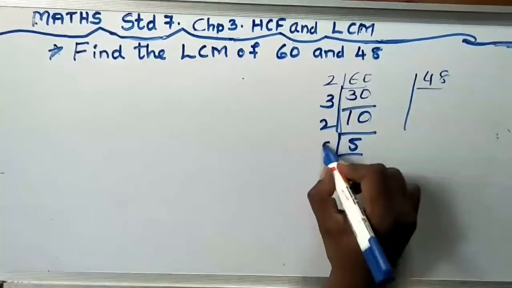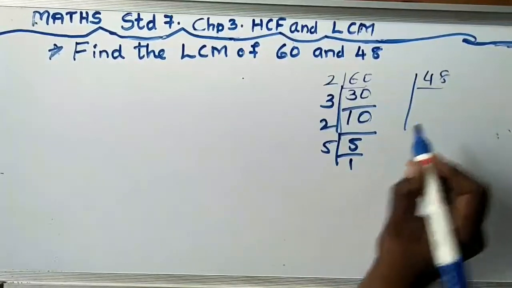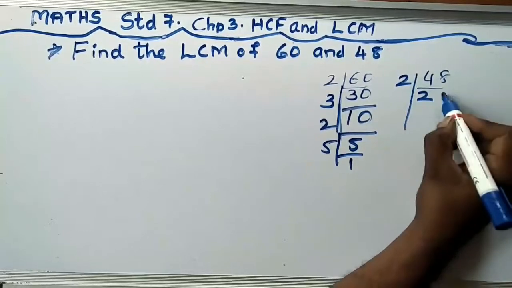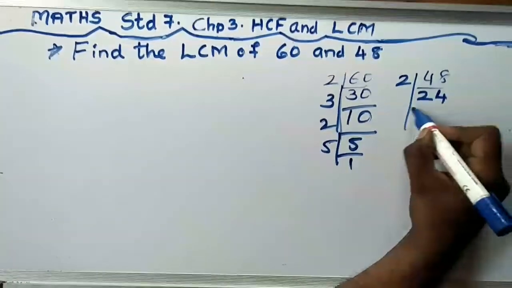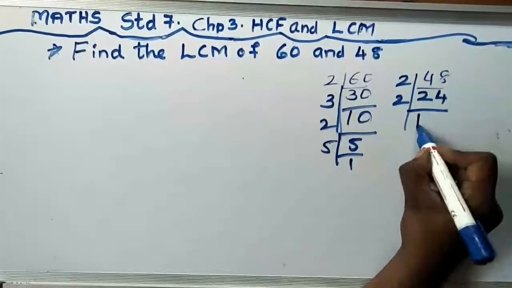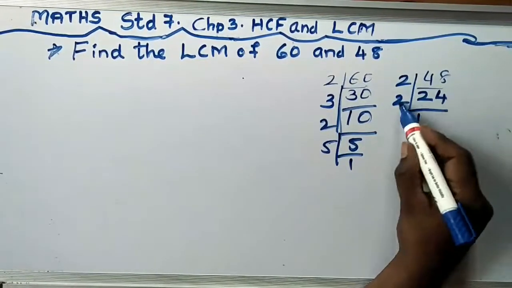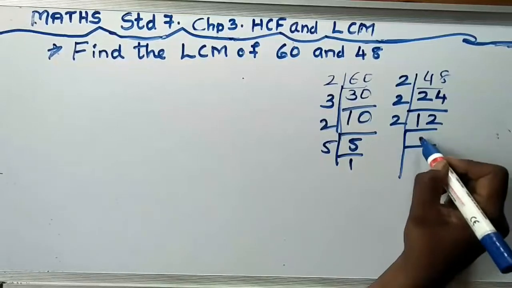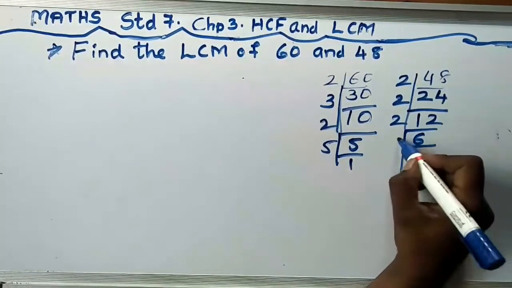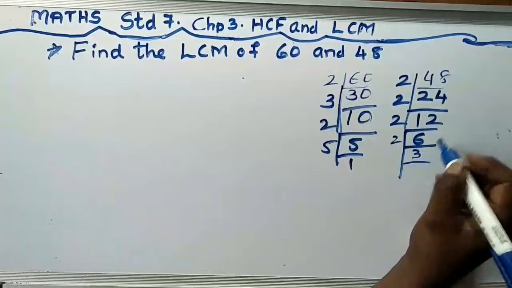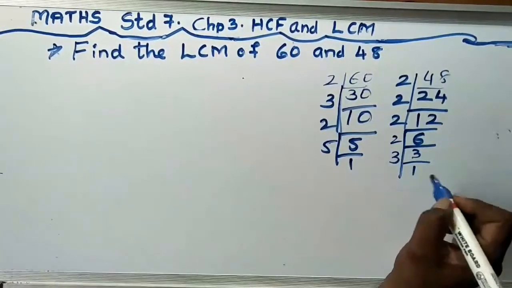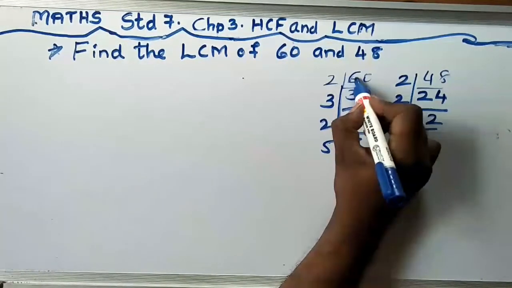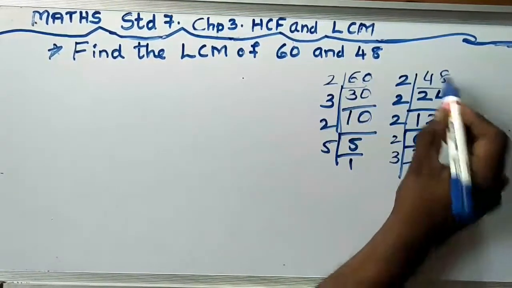For 48, 2 table, 2 fours are 8. 2 table, 2 ones are 2, 4 goes in 2 table, 2 times, again 2, 2 sixes are 12, again 2, 2 3s are 6, 3 ones are 3. Now this is the prime factor for 60 and this is the prime factor for 48.